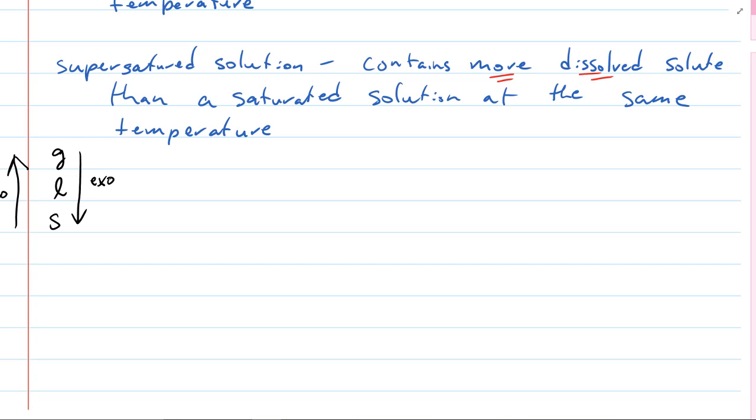Okay, you've probably seen other examples of supersaturated solutions. Honey is an example of a supersaturated solution. If honey sits on the shelf for a long period of time, what happens to it? Yeah, it begins to solidify, and that's the excess fructose coming out of the solution.